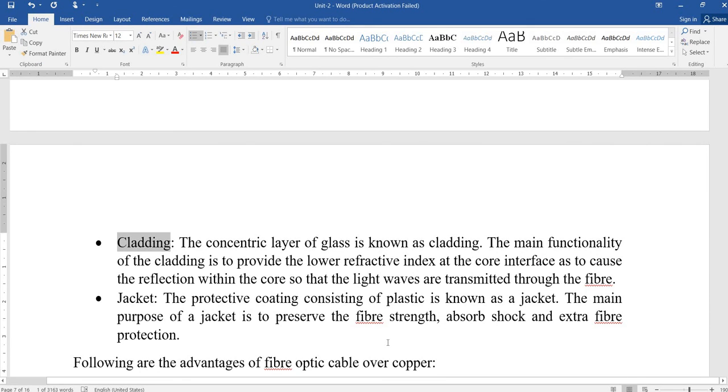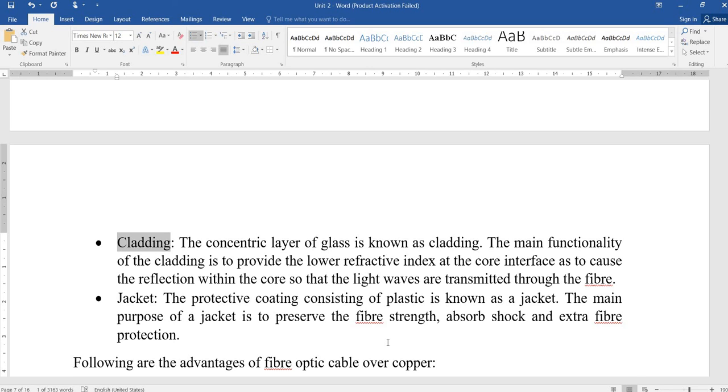So the main functionality of the cladding is to provide a low refractive index. The refractions coming up refract properly, but there are some refractions that cause noise at the receiving end.